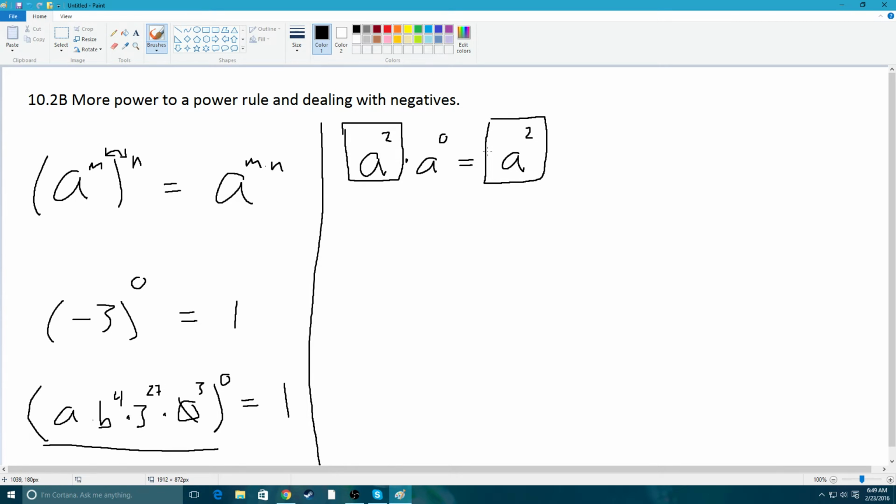You get the same number, but there's this thing right here. So the question is, what number do you multiply to some term and you get the exact same term back? It doesn't change it. And that number is 1. That forces this to be 1.